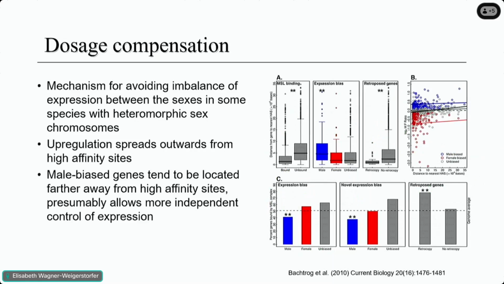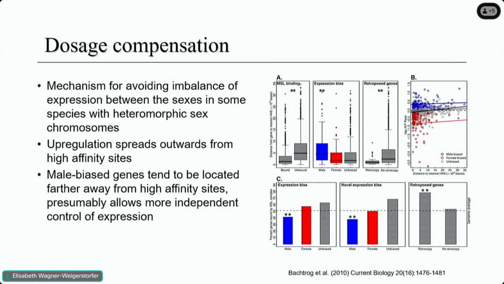So this is kind of a complicated figure, but the main panels here are that things that are binding the male-specific lethal complex tend to be closer to high affinity sites. Looking at the expression bias of the genes at different distances from the high affinity sites, you can see that the male biased genes are farther on average from high affinity sites.